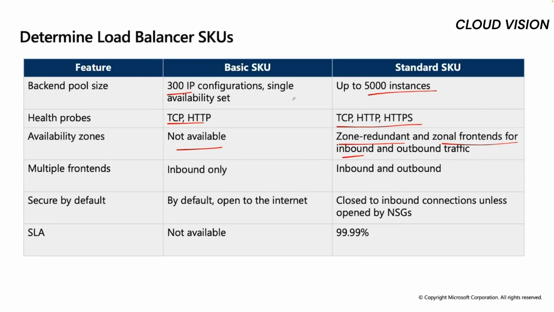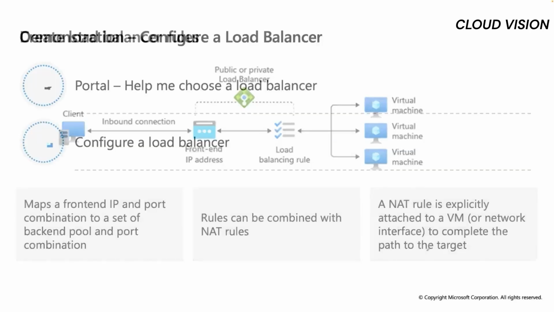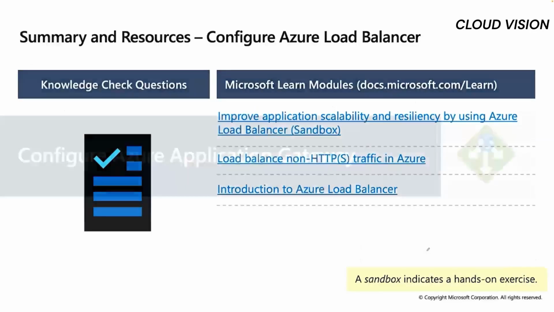There is no SLA for the basic, but the standard has four nines, which is quite important. And as I said, wherever you define the load balancer, you must define the rules. Rules are important. Without the rules, it's not going to identify what needs to be done and how the request needs to be translated. Okay.